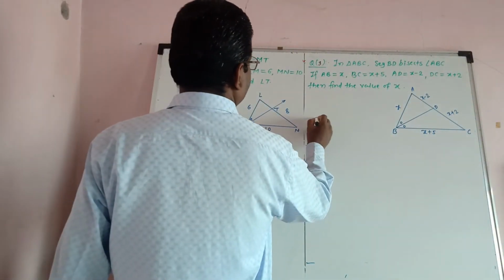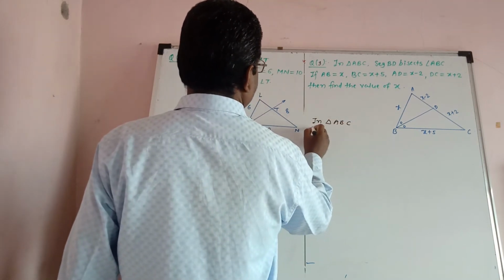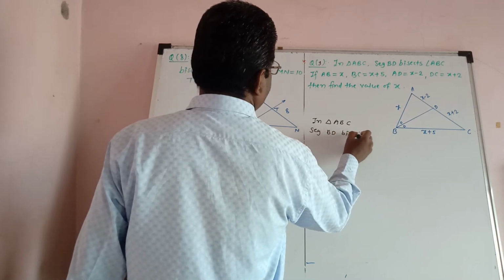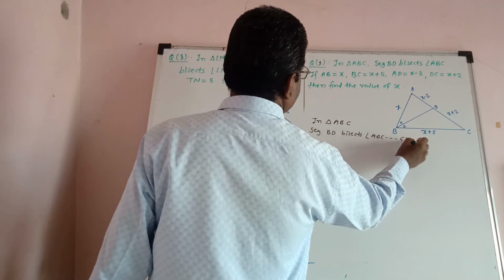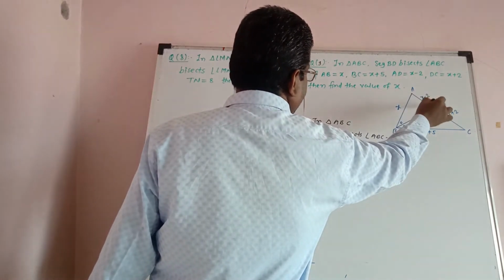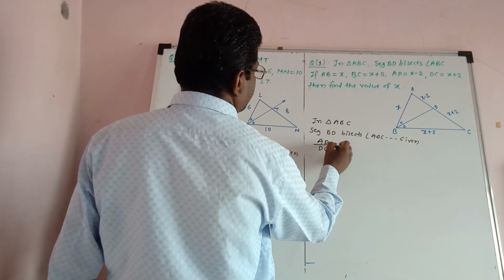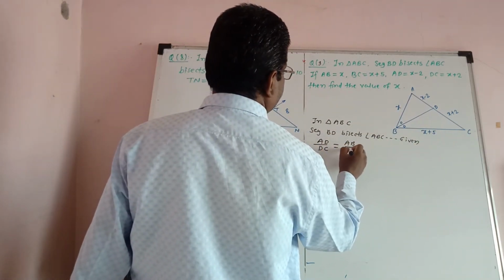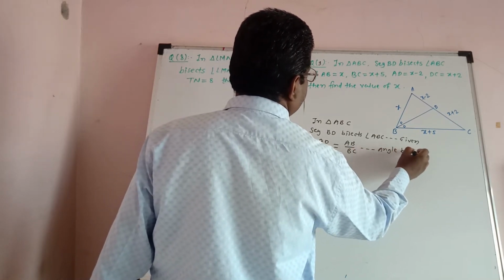Therefore, we write in triangle ABC, segment BD bisects angle ABC. This is given. So use angle bisector property from AD upon DC. AD upon DC is equal to AB upon BC. Reason is angle bisector property.